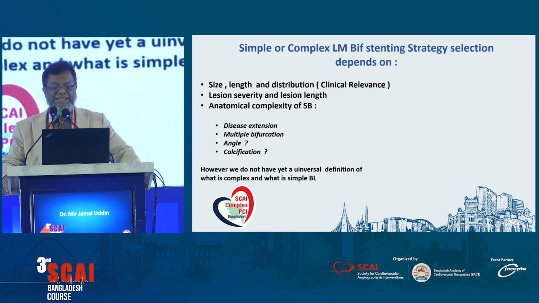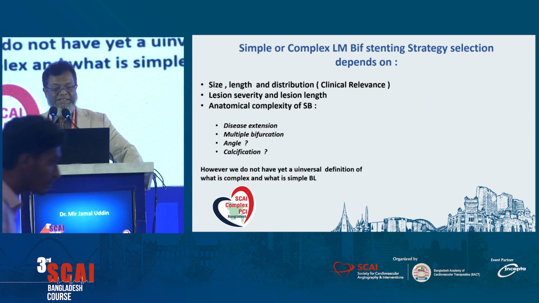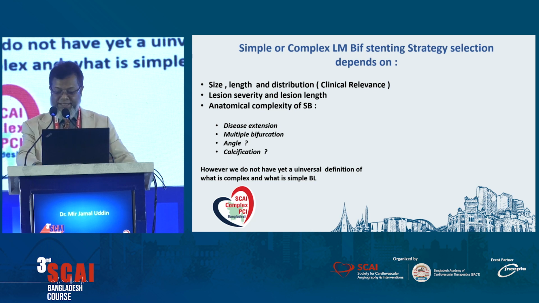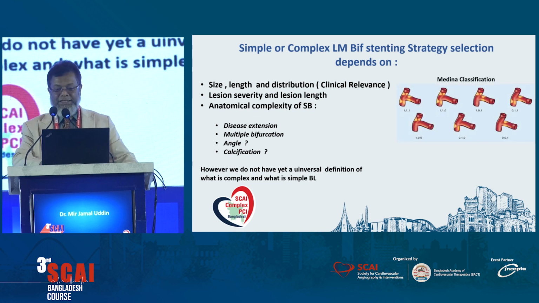Simple or complex LM bifurcation stenting strategy selection depends on size, length, and distribution of the vessel, lesion severity and lesion length, anatomical complexity of the side branch, as well as disease extension, multiple bifurcation, angle, calcification. However, we do not have yet a universal definition of what is complex and what is simple bifurcation lesion.